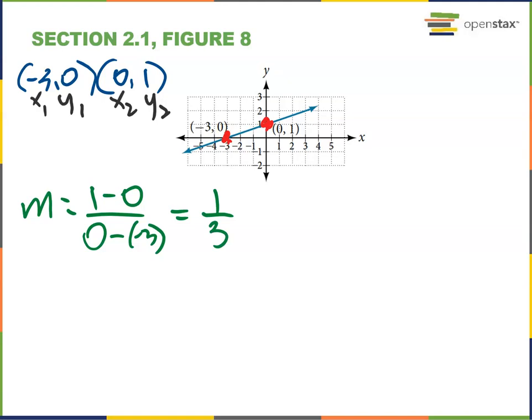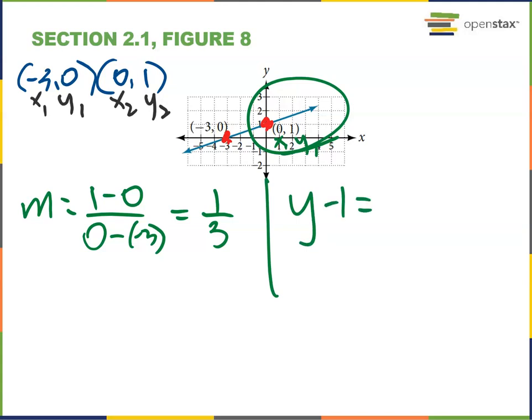And maybe let's use this x1, y1. You can actually use the other one too. So using the point slope form, y minus 1, that's your y1, equals the slope 1/3 times x minus 0.